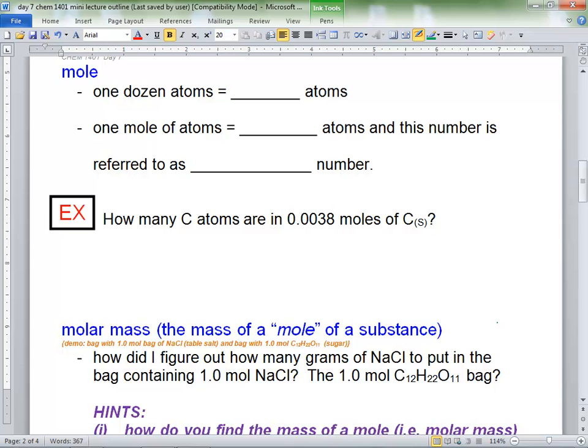Danielle, if you have a dozen atoms, how many would you have? You'd have 12. If you have a mole of atoms, though, Allison, how many atoms would you have?